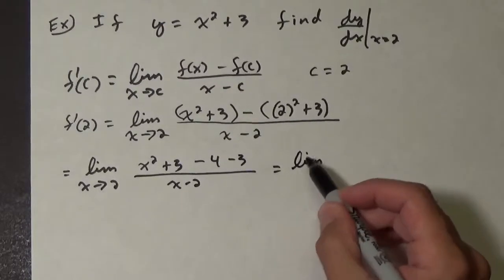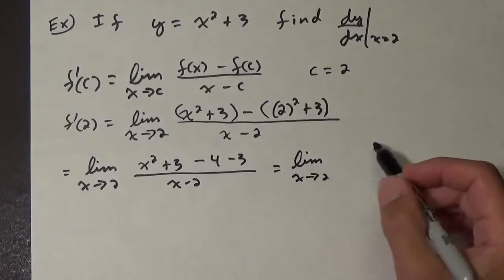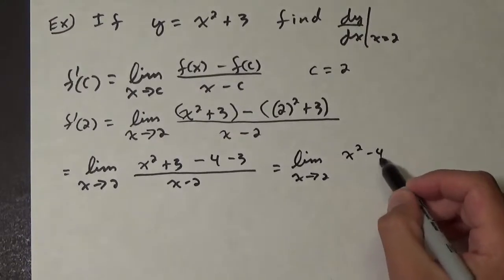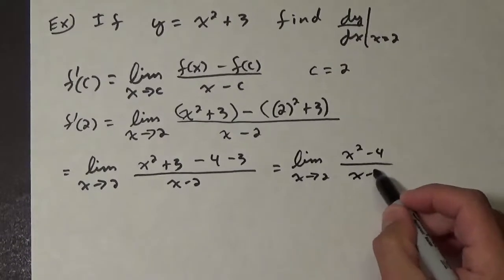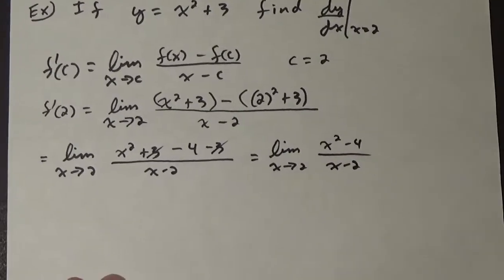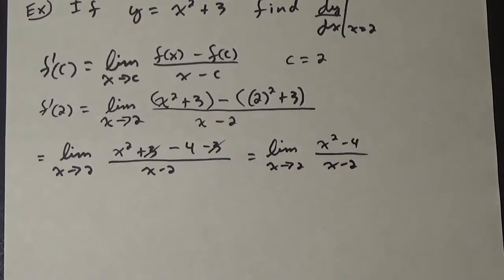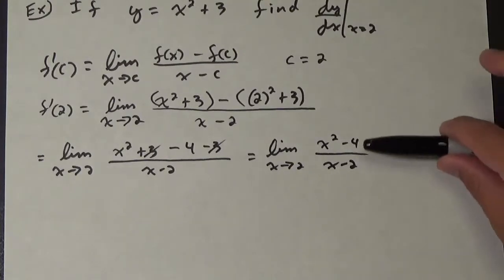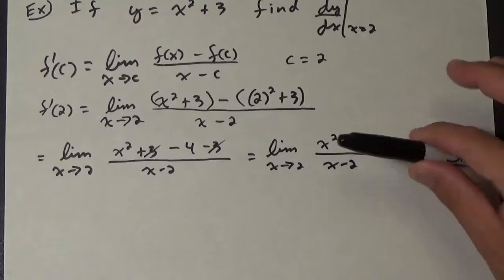So then we have the limit as x approaches 2 of x squared minus 4 all over x minus 2, because these 3's cancel out. And then when you get to this point, depending on the problem, you have to somehow evaluate this limit.